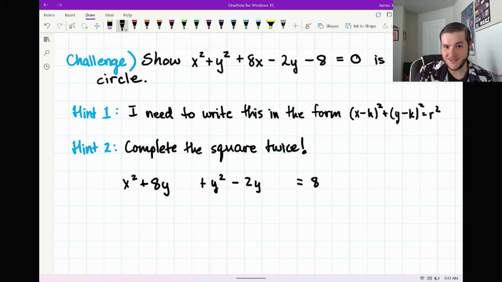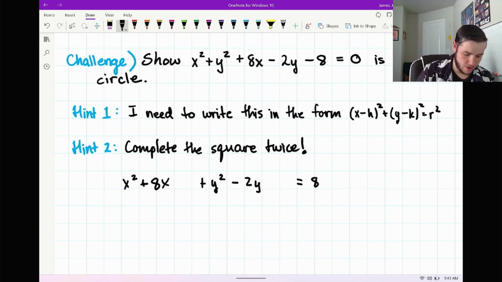Ready for the next hint? The trick here is to complete the square twice, on both variables. So what I have done here, and I've done it wrong because I've got a typo, is I have grouped up my x terms and y terms together, and then I moved my constant to the other side.